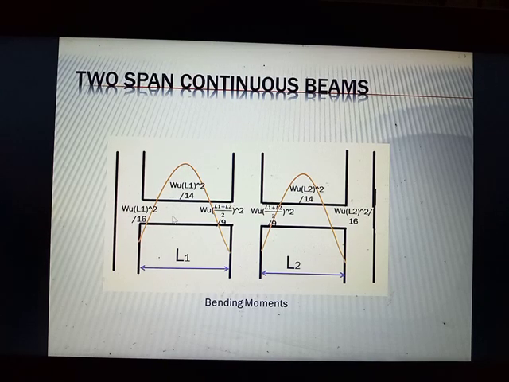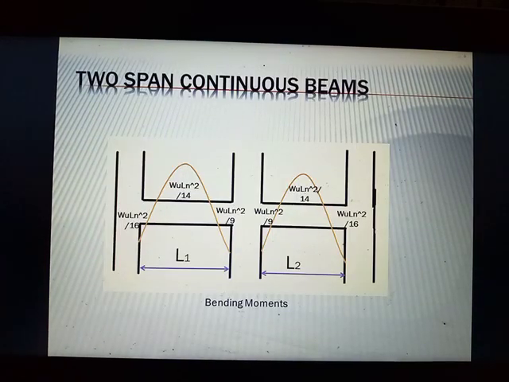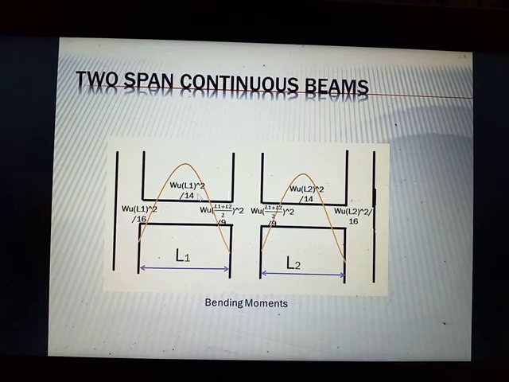So from this figure, for Wu Ln squared over 16, its length will be L1. And since this is a positive moment, we automatically use the length of this span, L1 squared over 14.